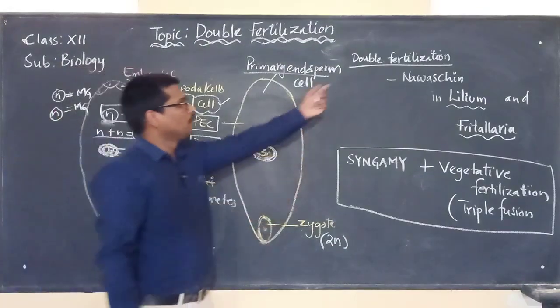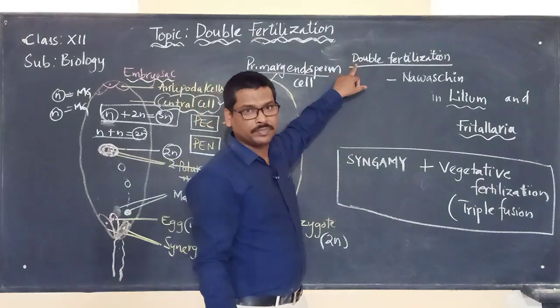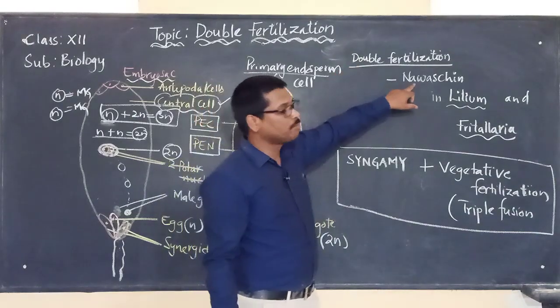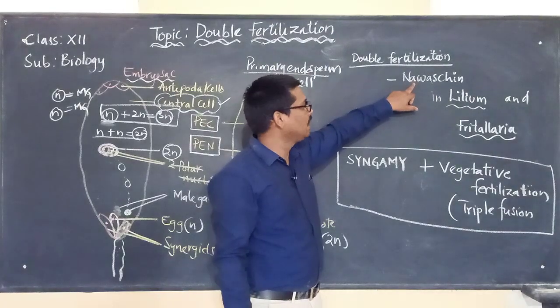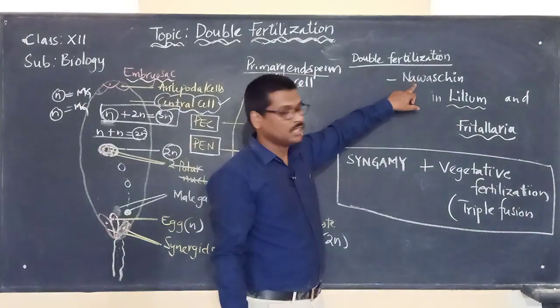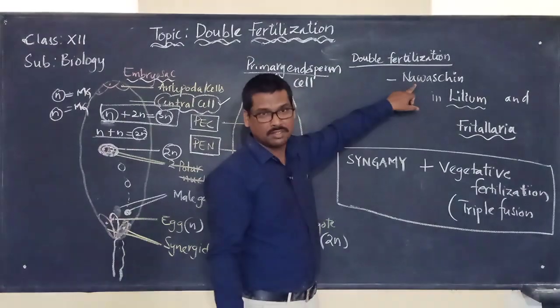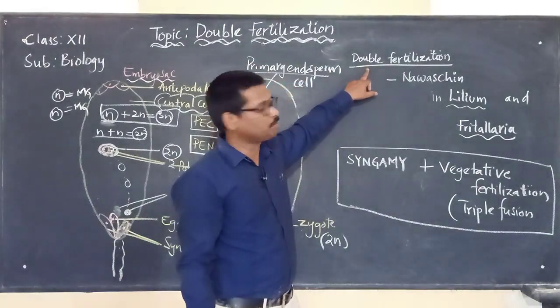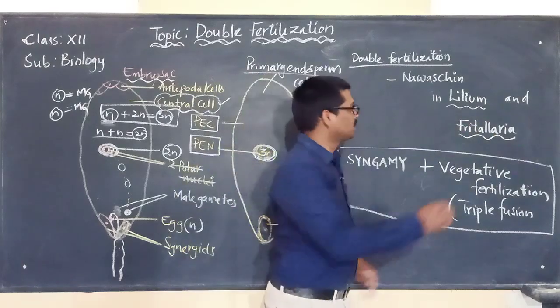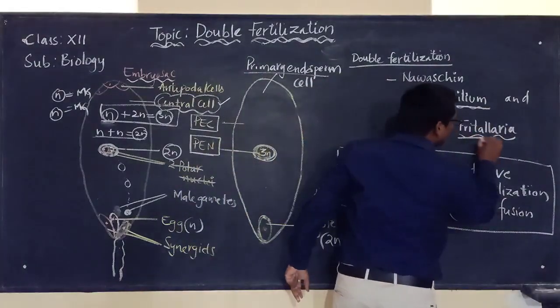Here, double fertilization was discovered by a scientist known as Navaschin. So he is the scientist who discovered double fertilization in the angiosperms, especially in the plants Lilium and Fritillaria.